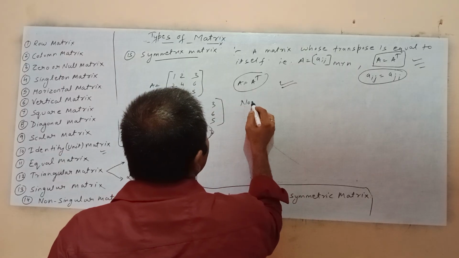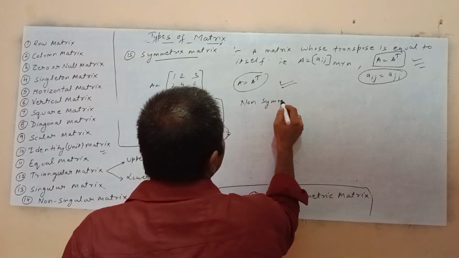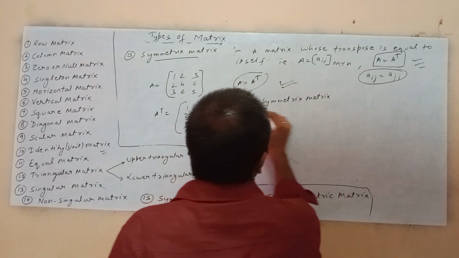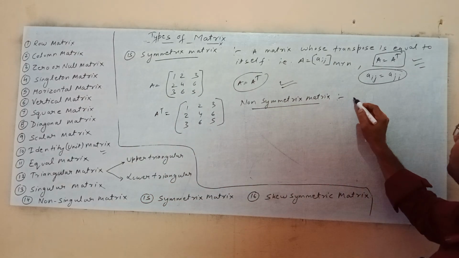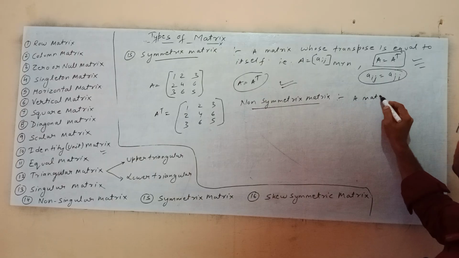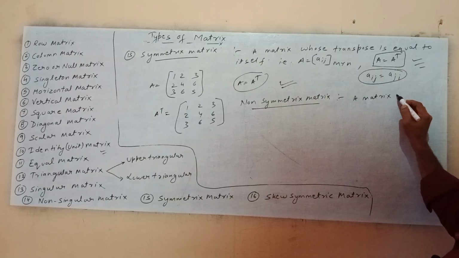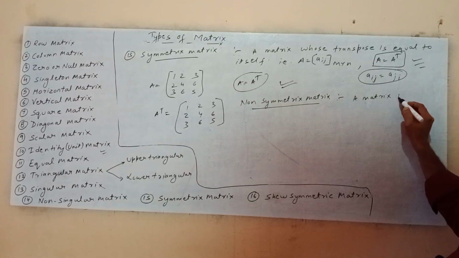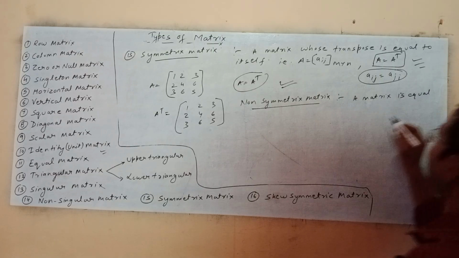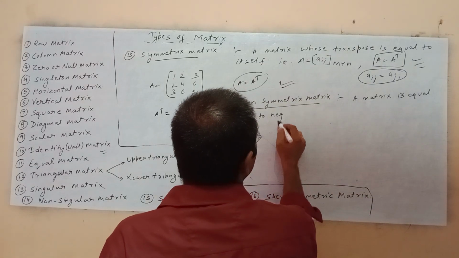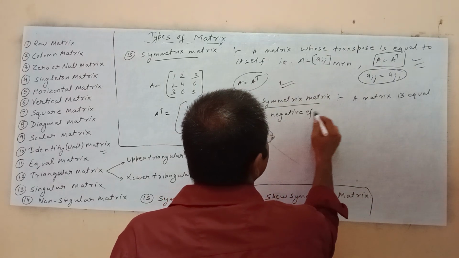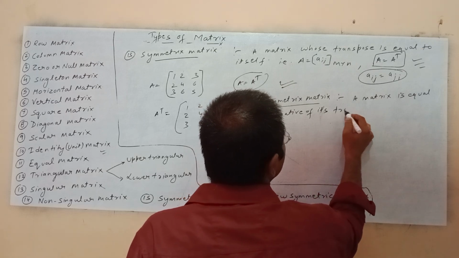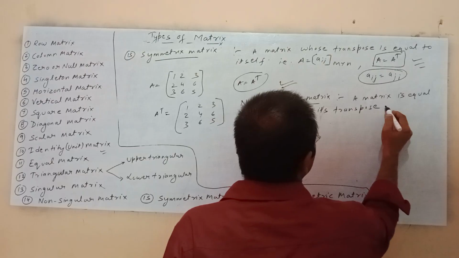Now let us see the non-symmetric matrix. A non-symmetric matrix means a matrix which is equal to the negative of its transpose.